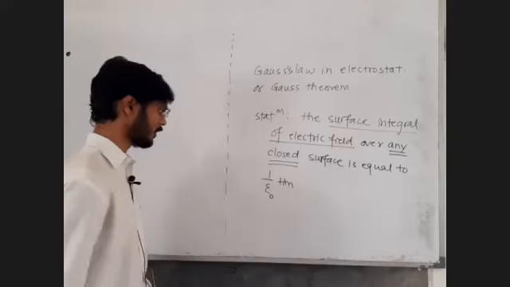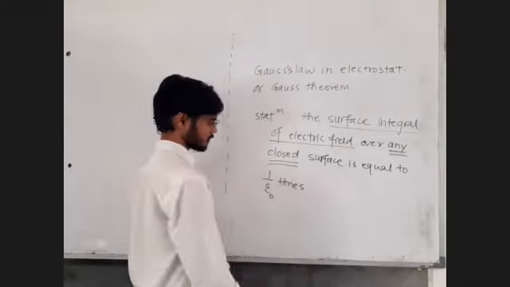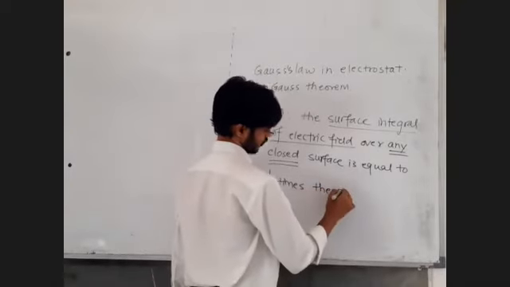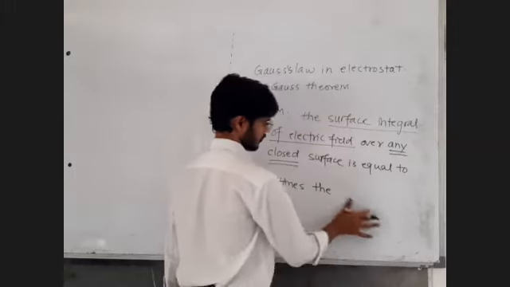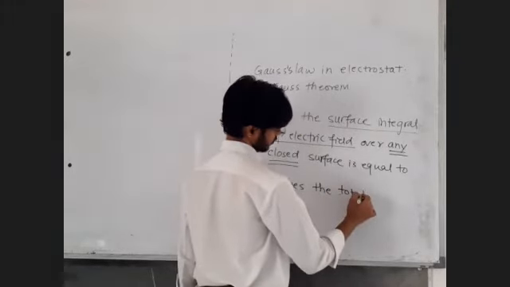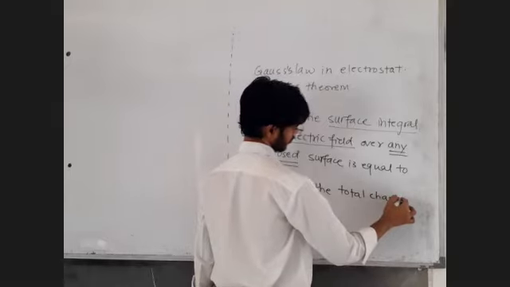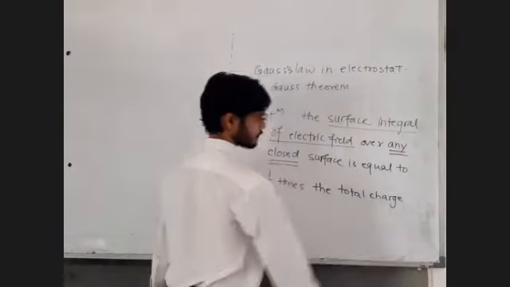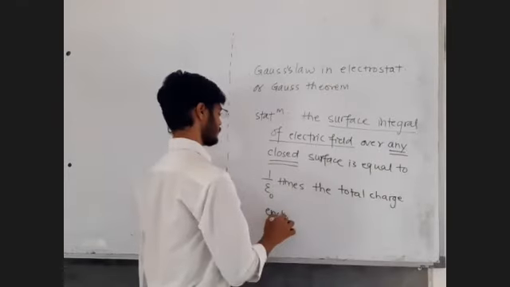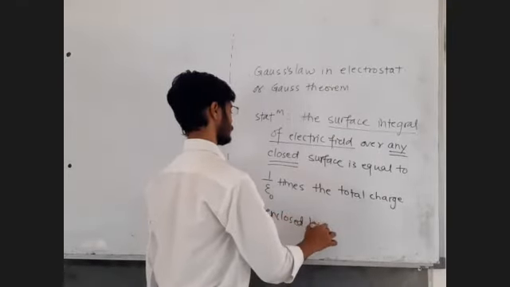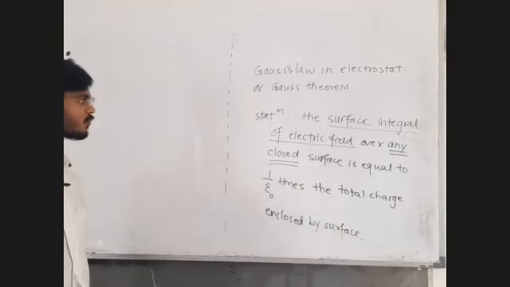Let us consider vacuum: 1 upon epsilon 0 times the total charge enclosed, net charge, total charge enclosed by the surface.